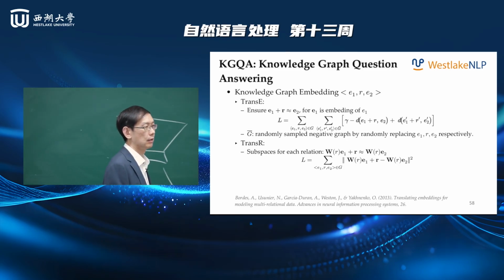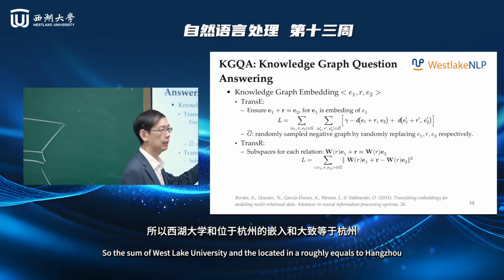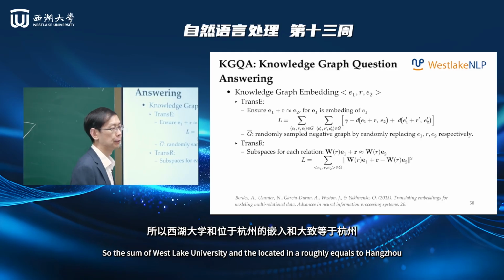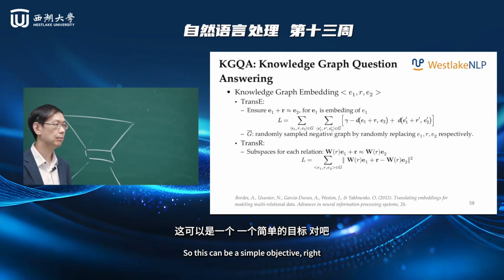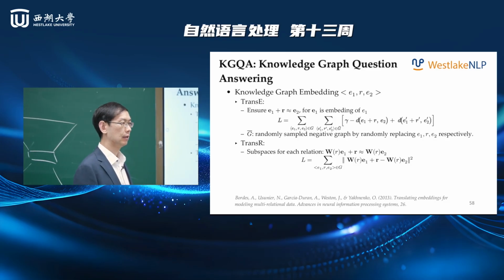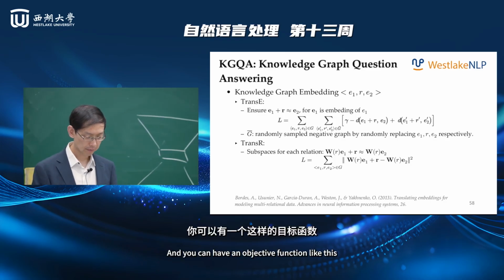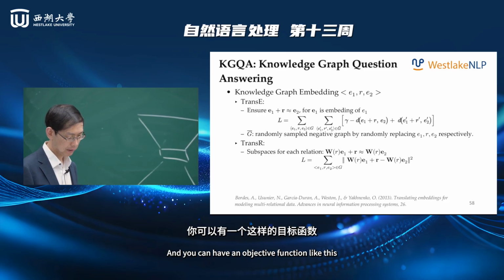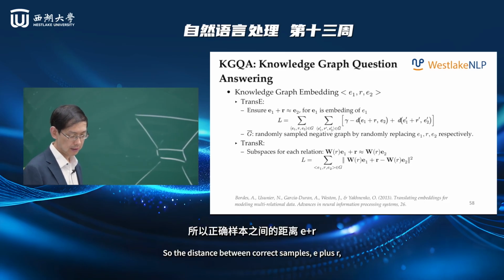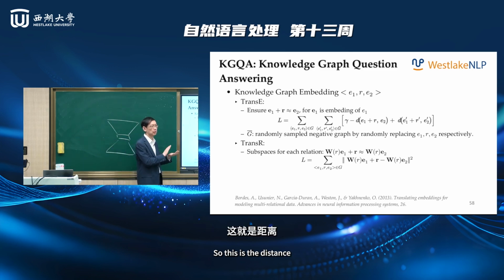So the sum of Westlake University and located in roughly equals Hangzhou. So this can be a simple objective to inject knowledge into these embeddings. And you can have an objective function like this. So the distance between correct samples, E1 plus R and E2, so this is like E1 plus R minus E2. So this is the distance.